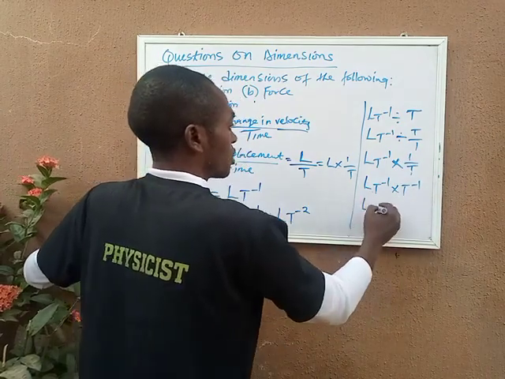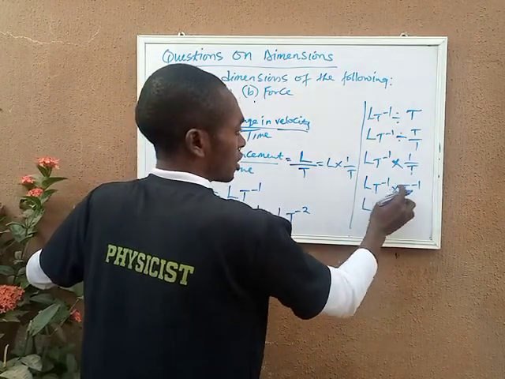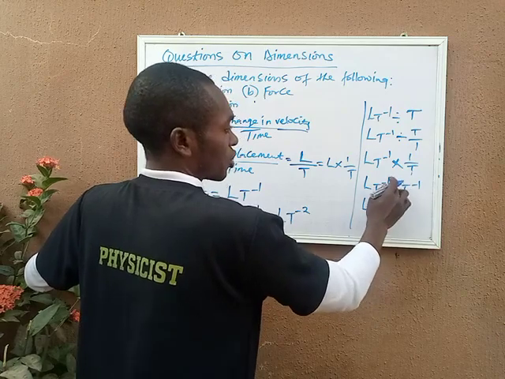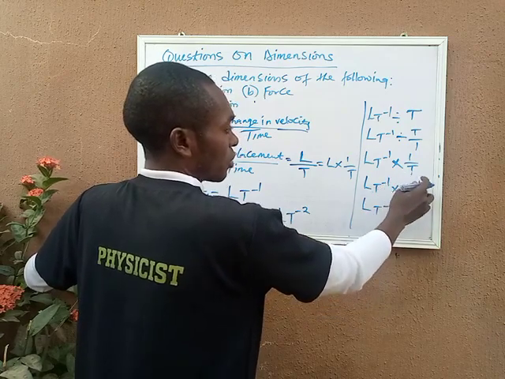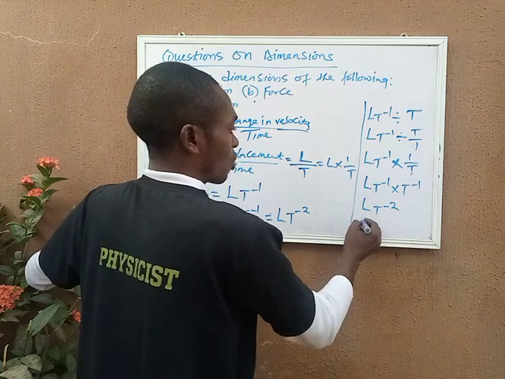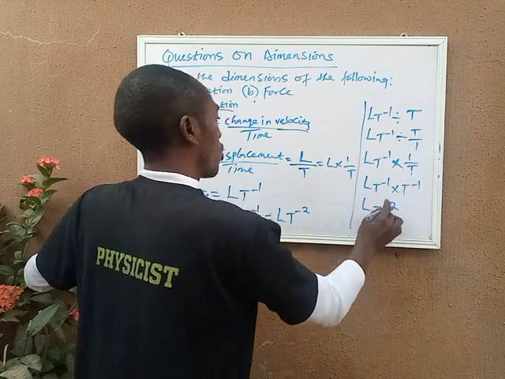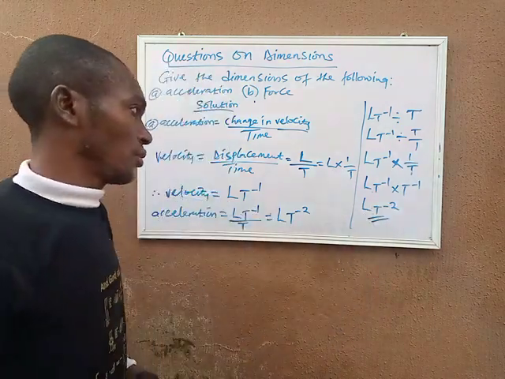So we can have LT minus 2, because the same letters are multiplying each other, so we add the powers. Minus 1 plus minus 1 will give us minus 2. So this is the dimension for acceleration.